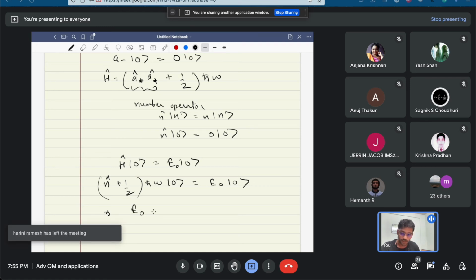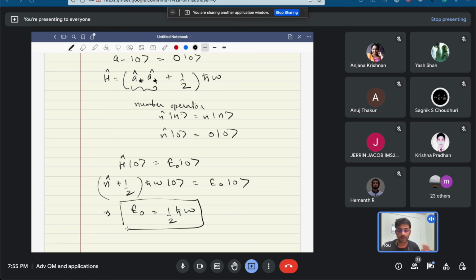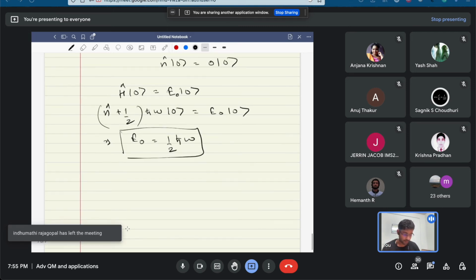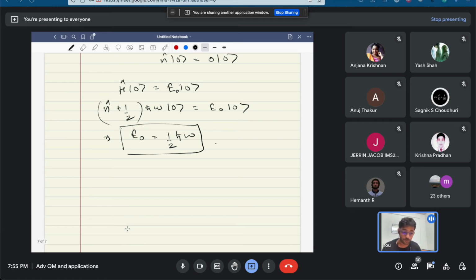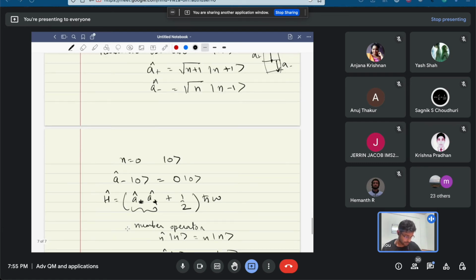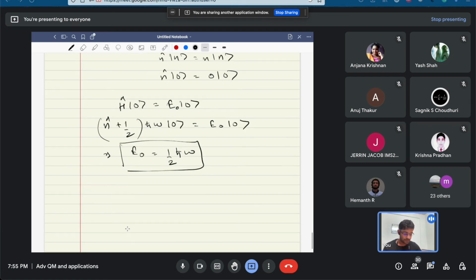So your zero point energy comes out to be half h bar omega, which you are supposed to calculate in your assignment using the uncertainty principle. There you have to find delta p, delta x, and take the derivative. If you want, I can give you some hints on how to solve it using delta p and delta x, but this is the ultimate solution you're supposed to get.